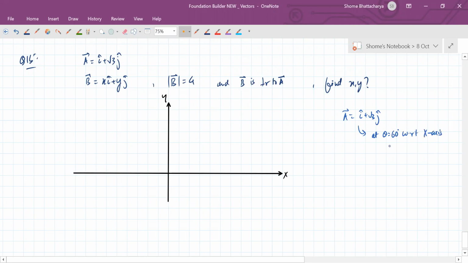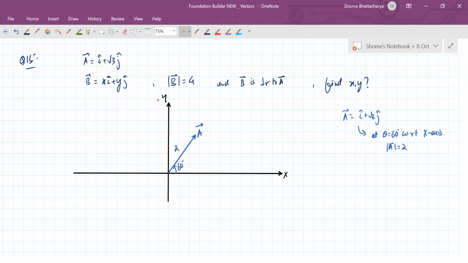Tan theta is root 3 and magnitude of A is 2. So it is a vector like this. So magnitude is 2 and this angle is 60 degrees. This is the vector A.